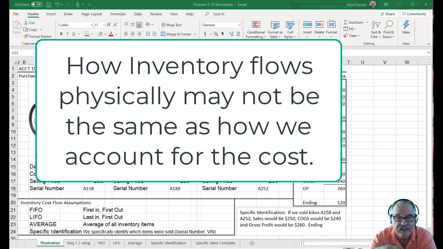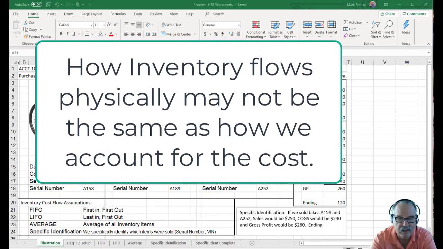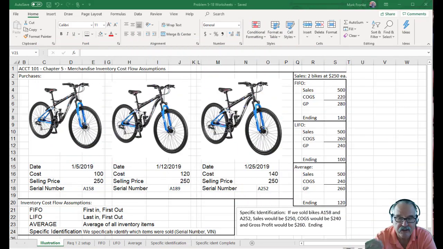But that doesn't necessarily mean we have to use the same physical flow assumption for what we do in accounting. We can actually, if we're in the milk business, we would always, of course, want to sell the oldest stuff first. But if we were the accountants for the milk company, we could use LIFO or average or probably not specific identification.